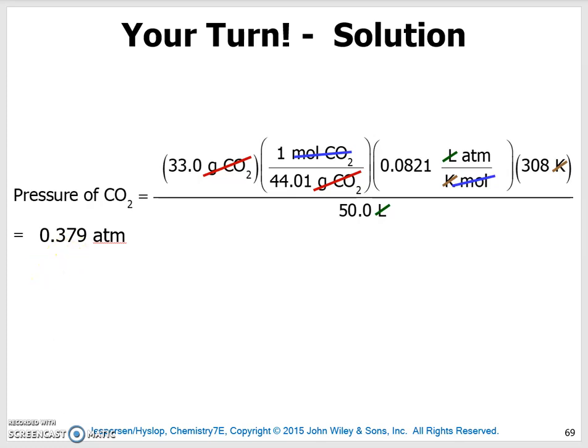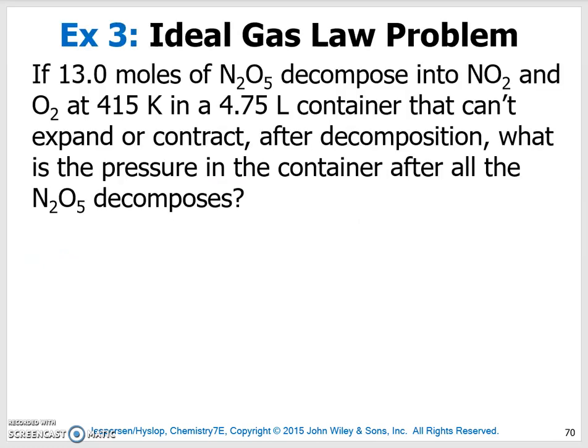Got a couple of other example problems. I'm going to go through them a little bit quickly because we'll be doing some practice during our class time. But here's kind of a fun one. 13 moles of dinitrogen pentoxide decompose into nitrogen dioxide and oxygen gas at 415 Kelvin in a 4.75 liter container.